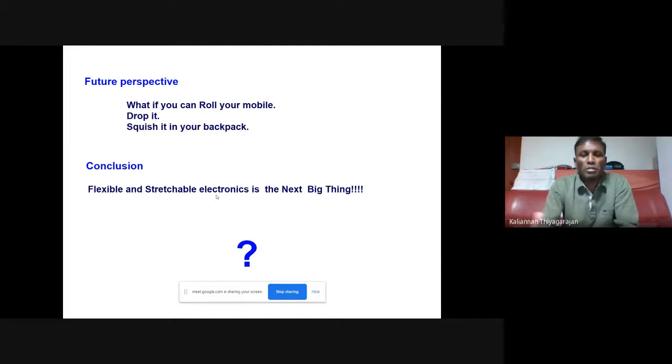Some small devices are in commercial application, but the basic building block of stretchable electronics, the stretchable transistor, is still under development. Once it's developed, then this is the next big thing. So that's all. Any questions?